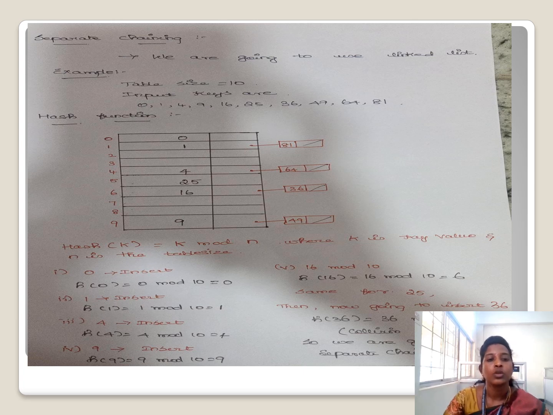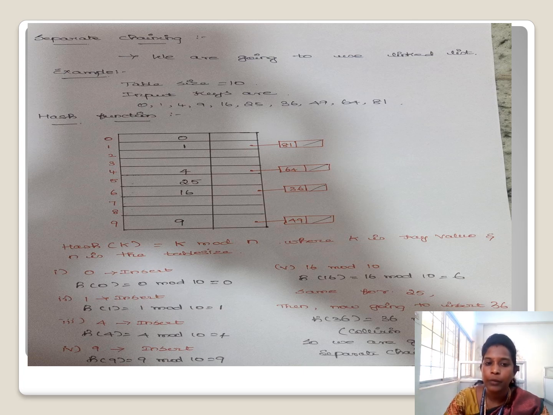The hash function is h(k) = k mod n, where k is the key value and n is the array size, or table size.